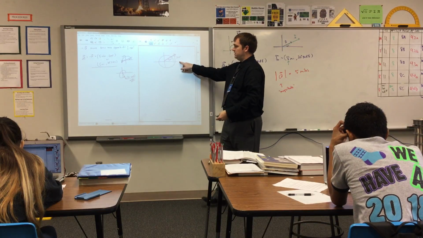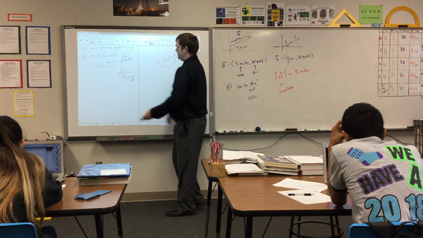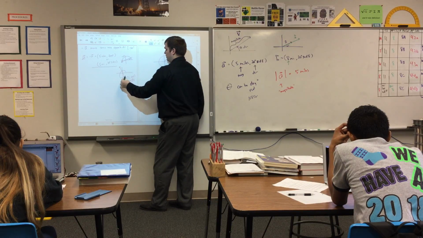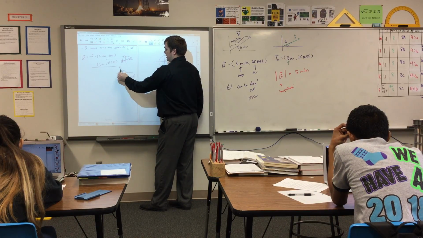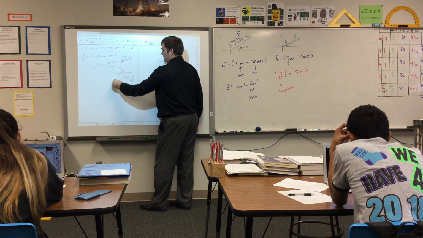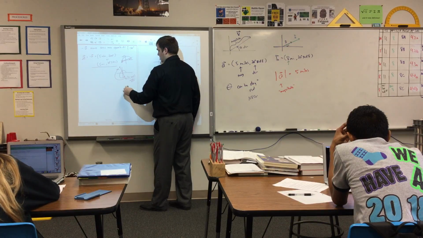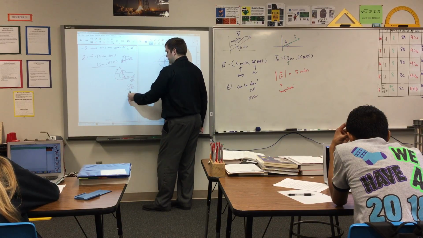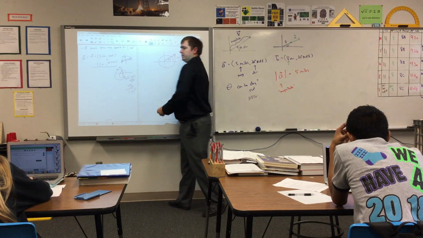Because that's 360. Now in this case, we have 470. So the logical thing to do, you could either add 180 degrees and subtract 360 to figure out the coterminal angle, or you could just subtract 180. So 290 minus 180 is 110 degrees, and that'll tell you where it is.